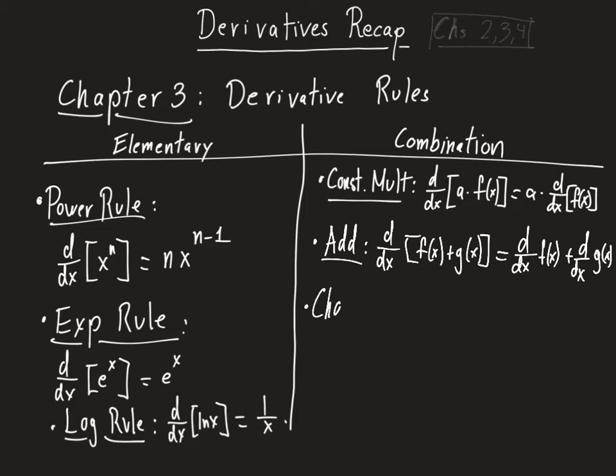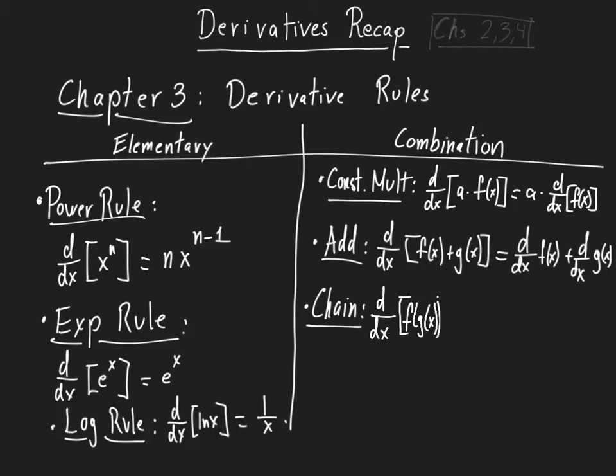Then there are the three major rules. The first of those is the chain rule. The chain rule is extremely important. I have already made an example problems video about the chain rule, and you can refer to that one for more specifics. What I'm going to do here is just write out what it tells us.